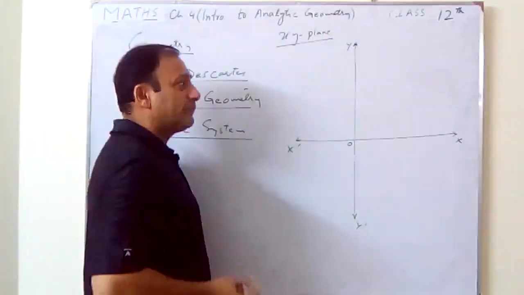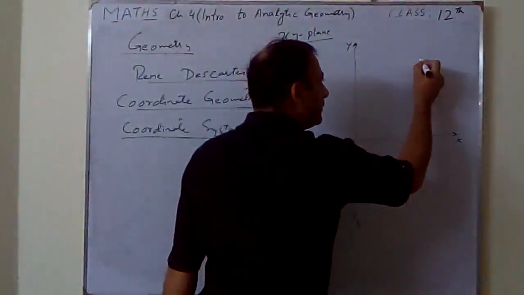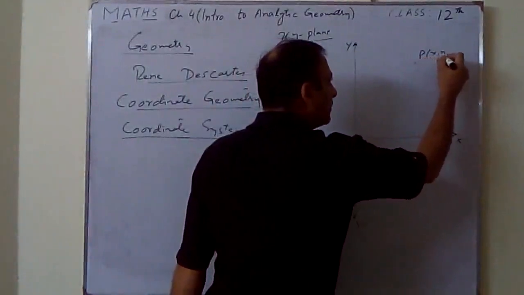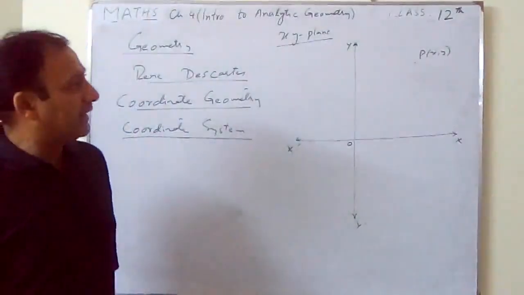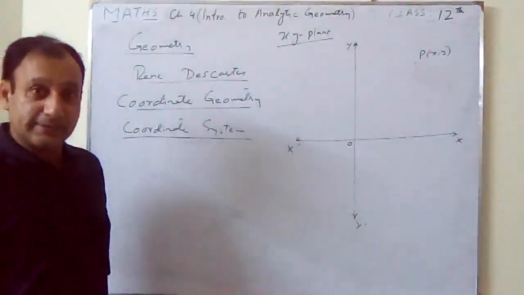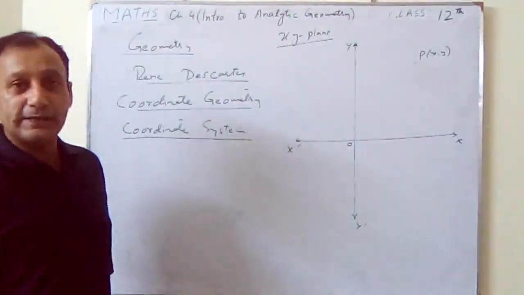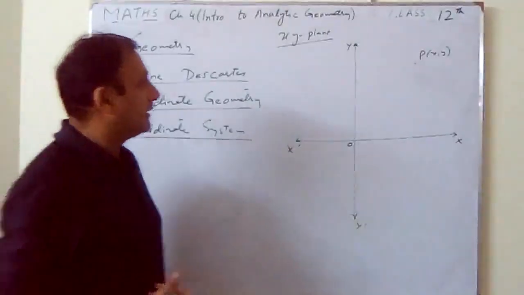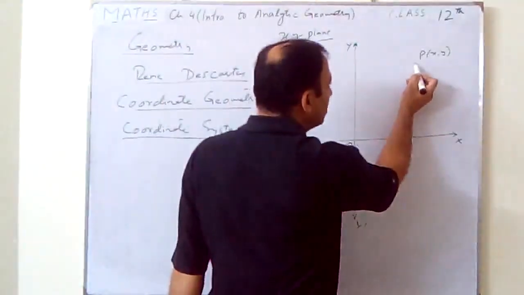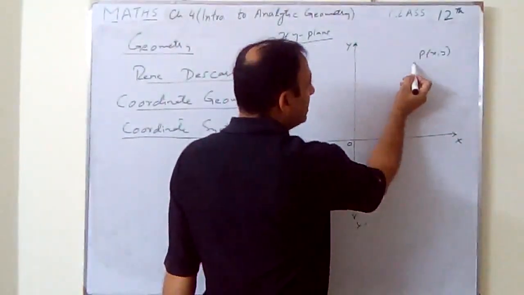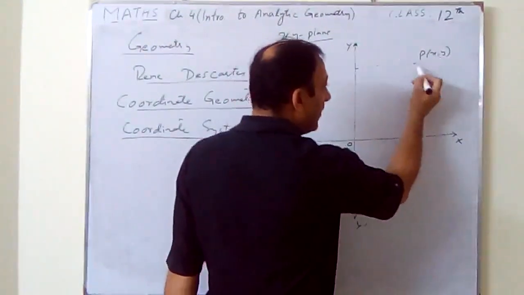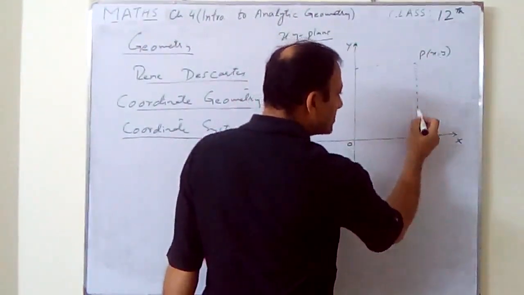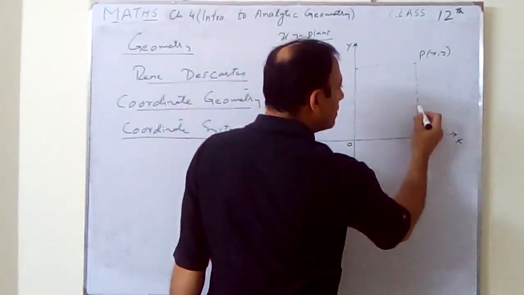And if we place any point here, P, it has two coordinates. One is x and the other is y. The x coordinate is known as abscissa and the y coordinate is known as ordinate. So what is meant by this point? The distance from this is x, and the distance from this is y.